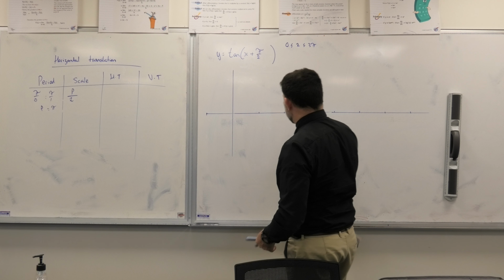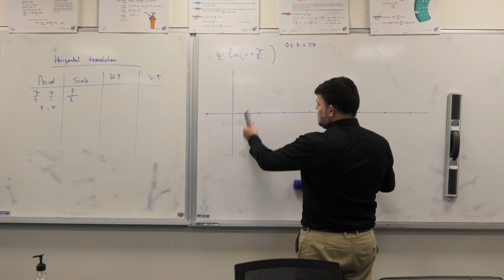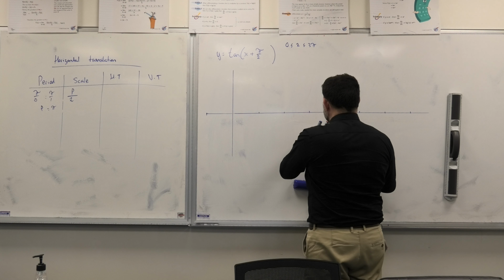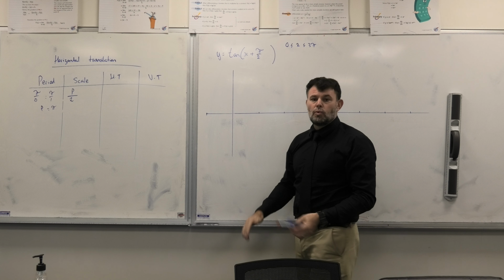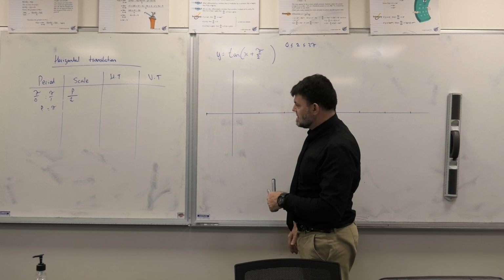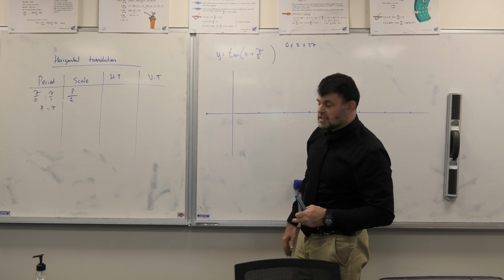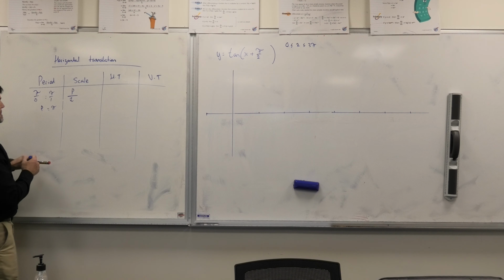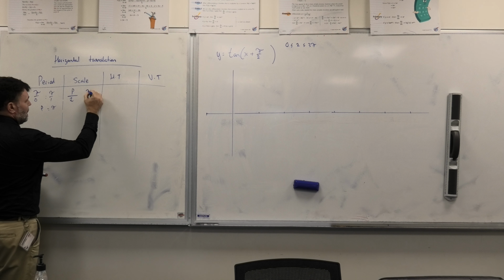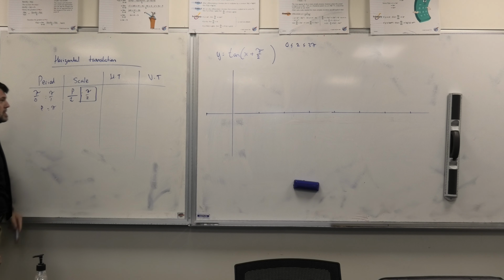You could divide it by 4 if you want to get those really accurate points in between, but we're only worrying in this course about where the x-intercepts and the horizontal asymptotes lie. So in this case, your scale is going to be pi on 2. So that is going to be our answer for your scale.